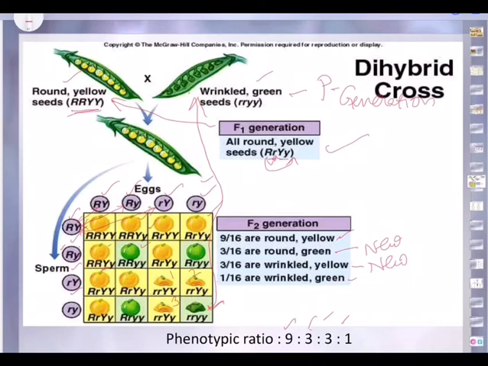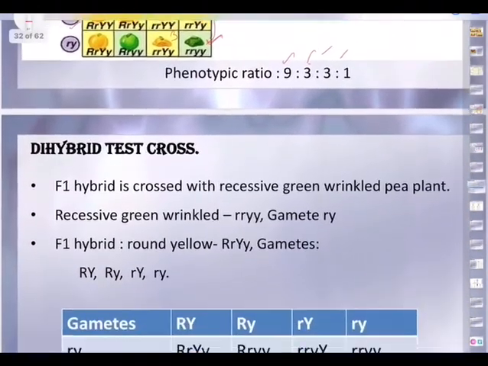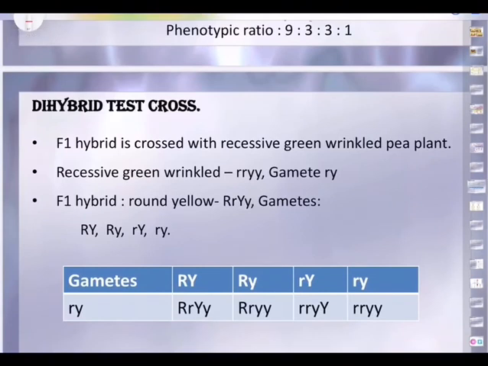And from that you have to formulate the F1 generation. And the selfing of this F1 generation, you have to write the sperms, 4 pollen grains or sperms and 4 ova on top in a Punnett square. And you cross this pollen grain with the ovum, you get the zygotes. Based on the zygotes, you have to write the genotype and corresponding phenotype like this. Then you can decide the phenotypic ratio. So when you arrive at 9:3:3:1, you get 5 out of 5 marks. But it must be correct.